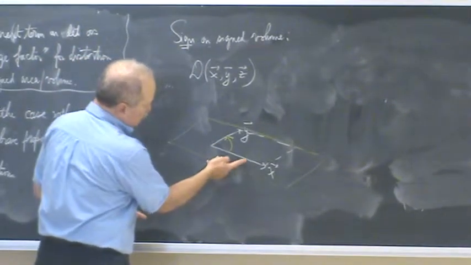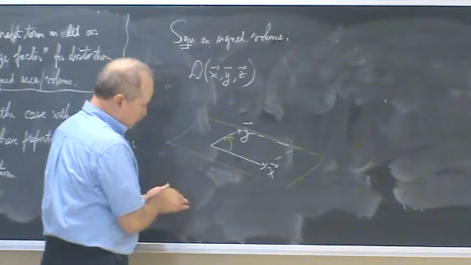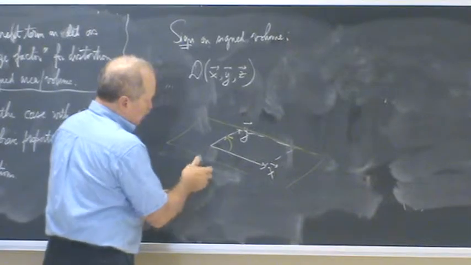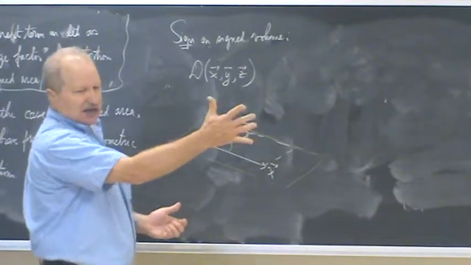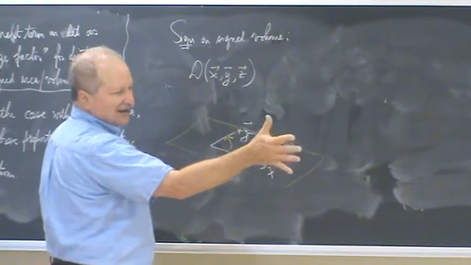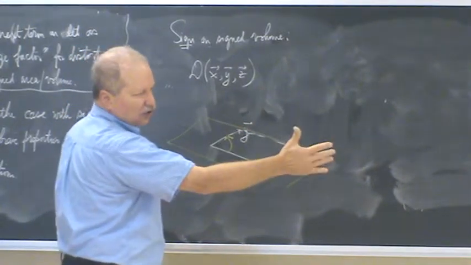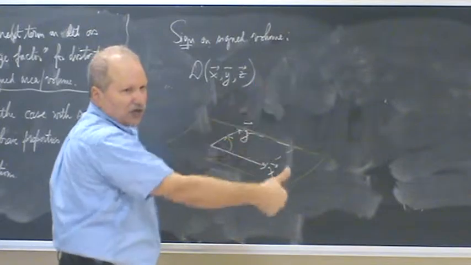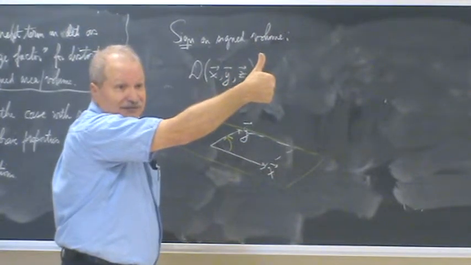So if x is rotating counterclockwise towards y, think about taking your right hand, because if you're left-handed, it's backwards. Take your right hand, do x, curl your hand towards y, and your thumb points in a certain direction.